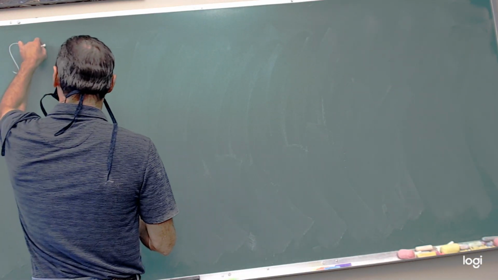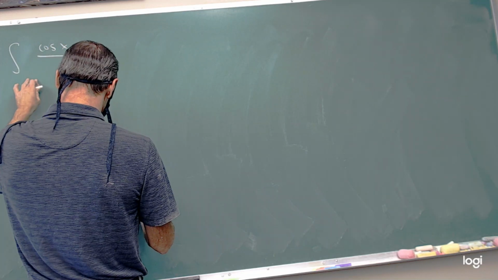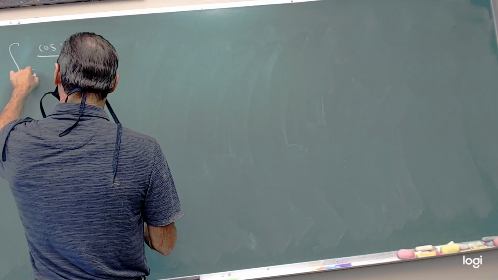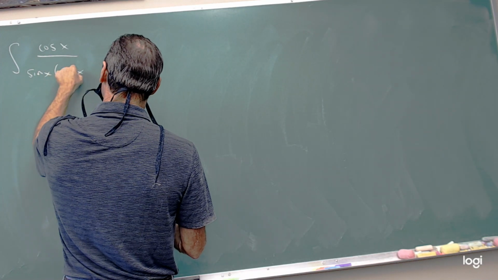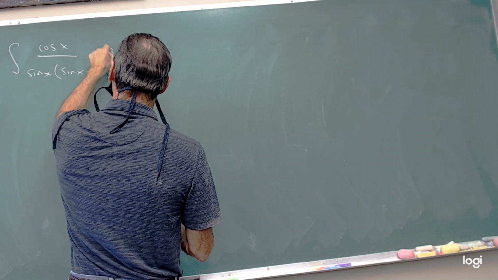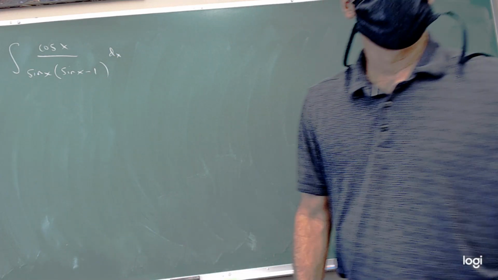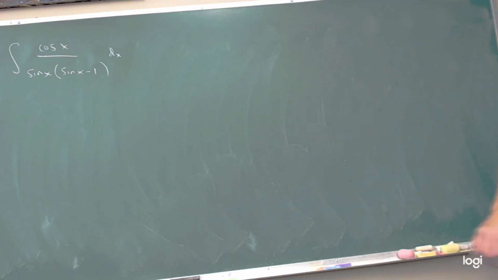Bring on the challenge. Can you see that that's a disguised partial fraction decomposition? I think we're ready to come to the board, yes. I'll pause the video here, but don't pause your efforts.